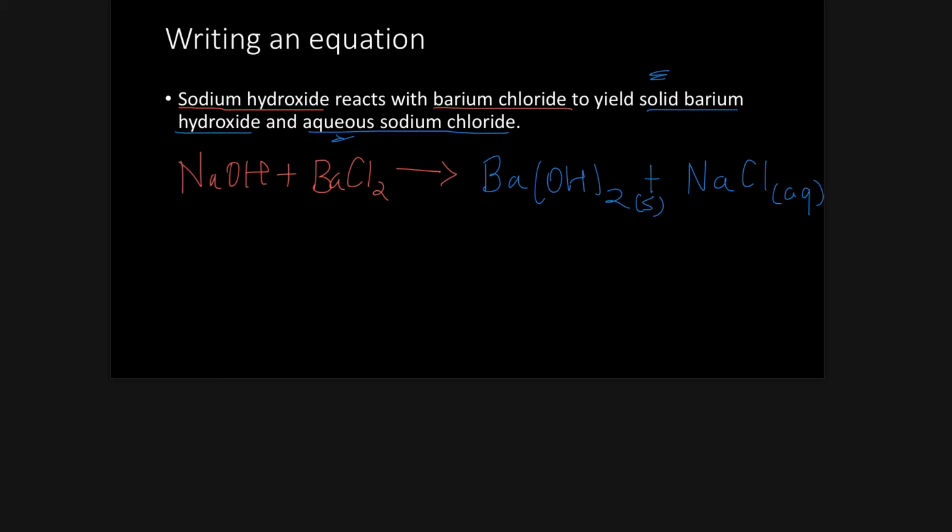All you have to do now is to balance it. So let's go over how to do that real quick. If you'll remember, we said that we will go element by element. So start off with your first element, which is sodium. It is already balanced on both sides. You move on to your second element, which is in this case a polyatomic ion.